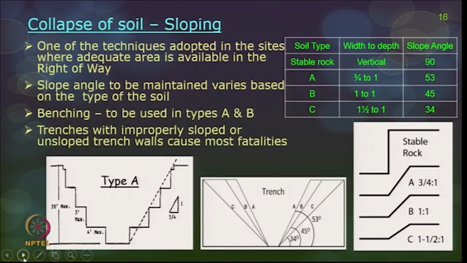Now, let us talk about types of soil and also sloping as a precaution to prevent the collapse of soil. So, for type of soil, A, B, C are the three types of cohesive soil. We are only going to talk about the cohesive soil. For any stable rock, you need not think of sloping. Sloping is only to give a slanting nature to the soil cut, so that by nature itself the soil cave-in will not happen.